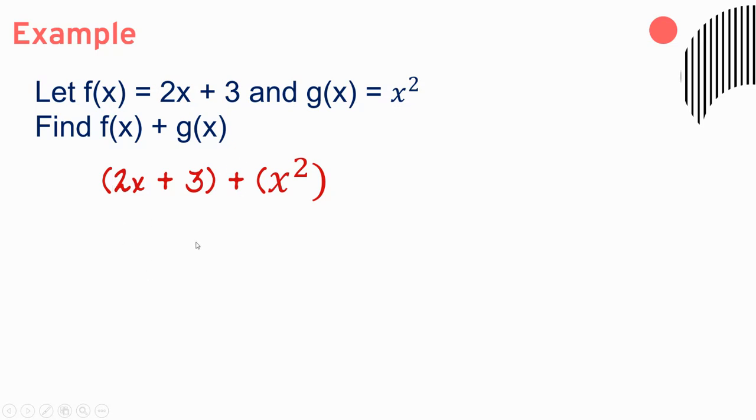So when we drop the parentheses, because there's nothing to distribute, that's the main purpose, we're going to have 2x plus 3 plus our x squared. We cannot combine any like terms, so that's just going to be our final equation. Please rewrite these with the biggest exponent, that's the squared at the top, and then them going down progressively from there. So that's why I put the x squared plus the 2x plus the 3 in this order.